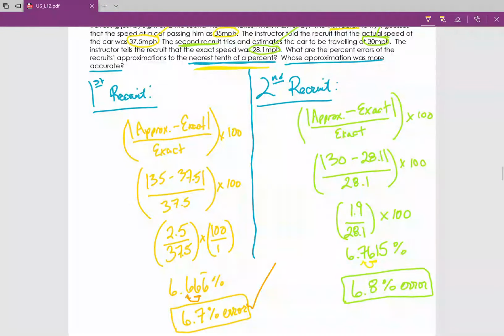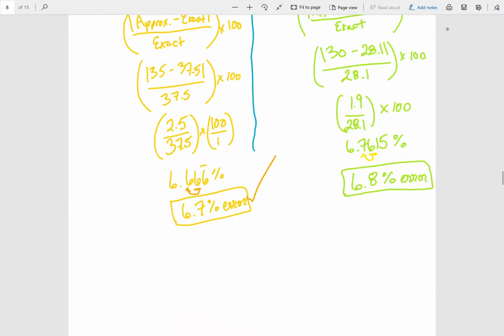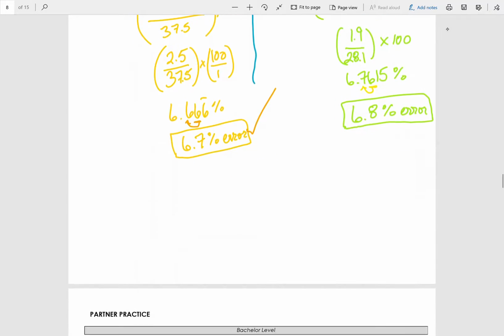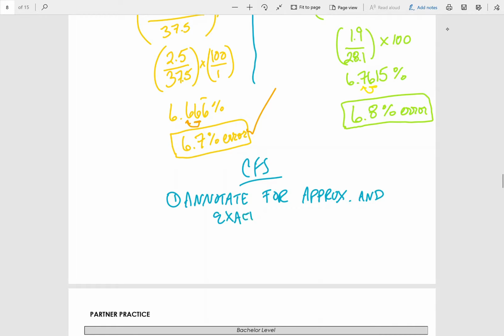So now lastly, let's just go through our criteria for success so that we can do this right every single time. I'm going to write it down here so we can easily see our CFS. So number 1, like always, we need to annotate. This time we're annotating for the approximate amount and exact values.